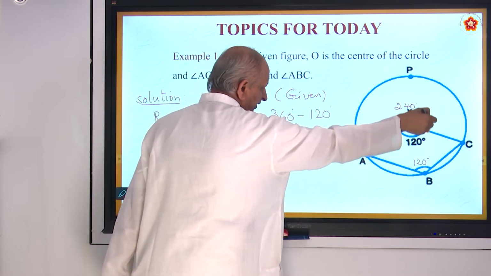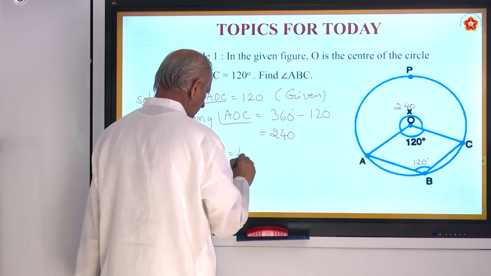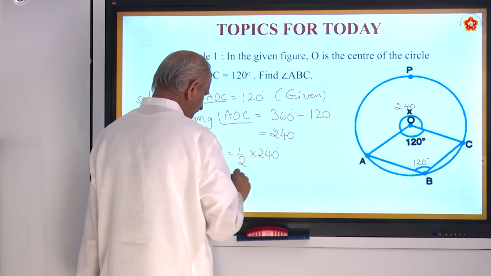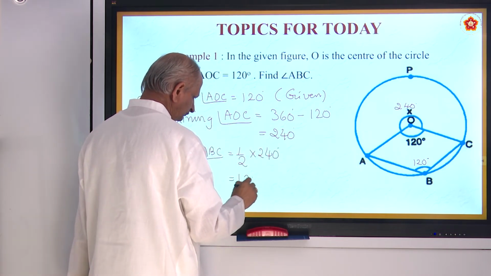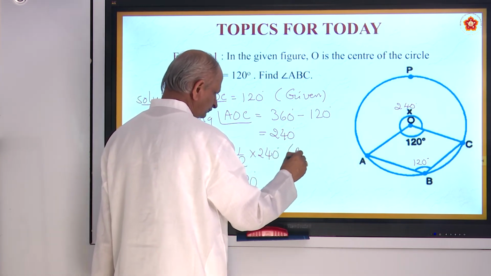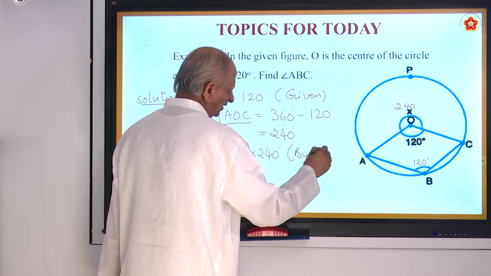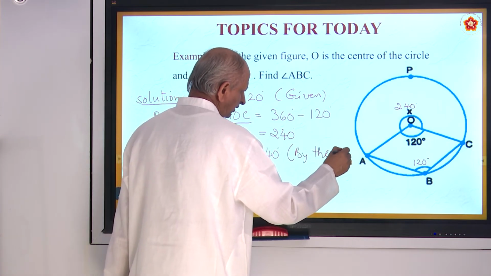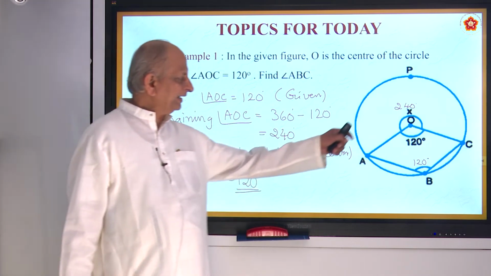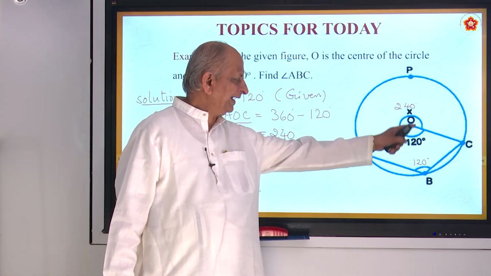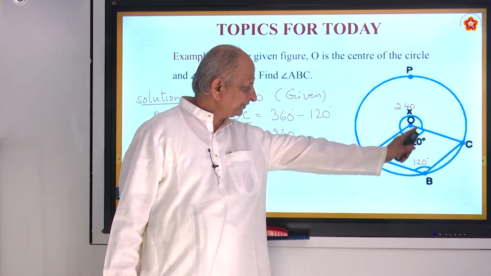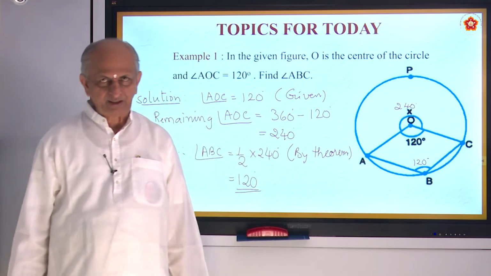This is the part we have taken, 240, half of 240, that is 120. That is by theorem. And what does the theorem say? The theorem says the angle at the center is double the angle at the circumference, or the angle at the circumference is half of the center angle.